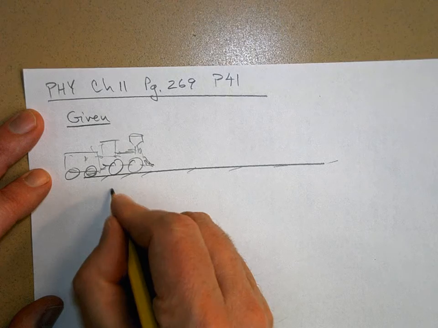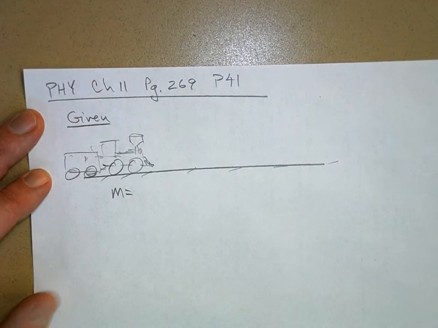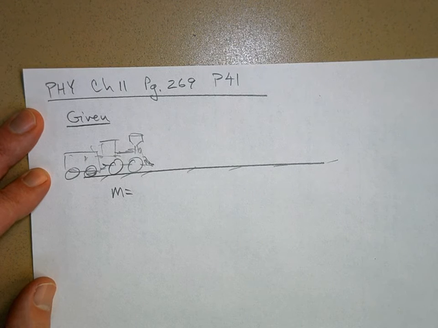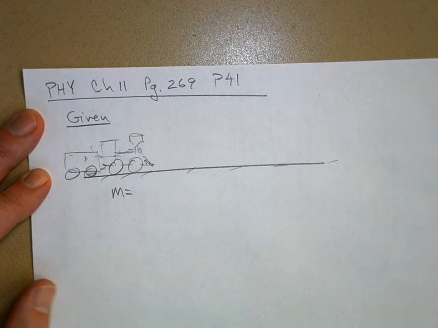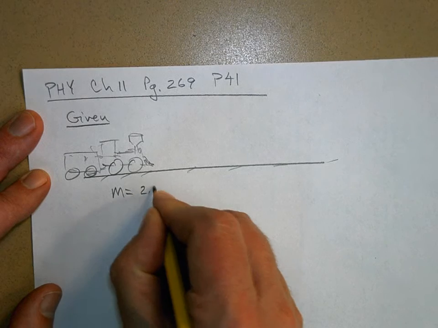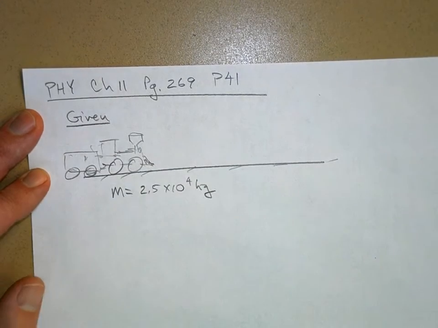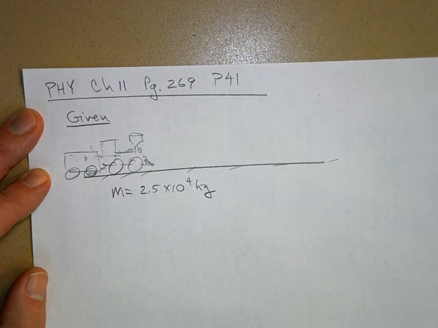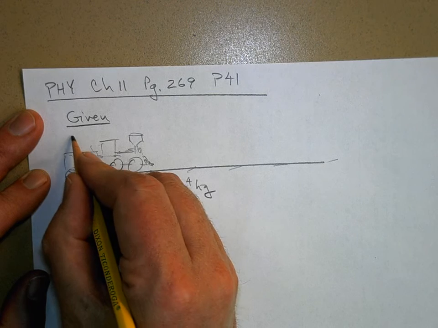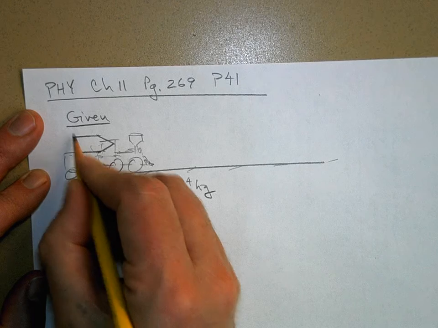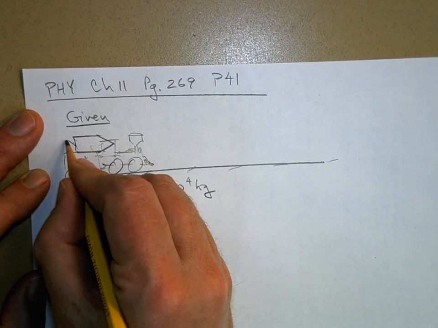Okay, so what's the mass of this thing? It said it's 2.5 times 10 to the 4 kilograms. And we have a thrust. We put a big rocket on here. That's right. Here's our rocket. I'm going to put an Apollo 11 capsule in the coal car.